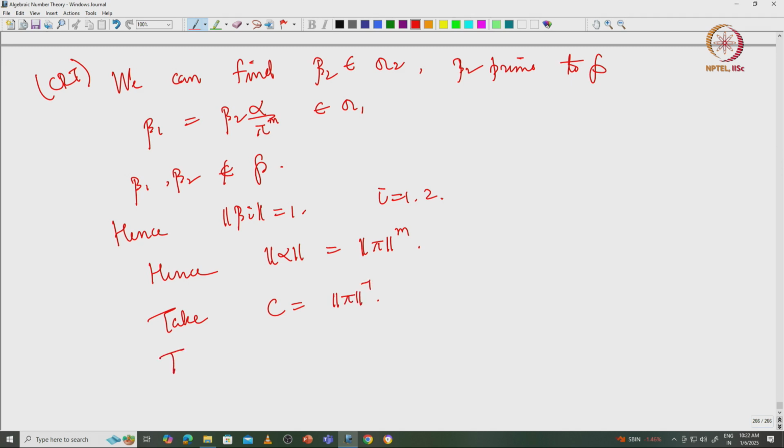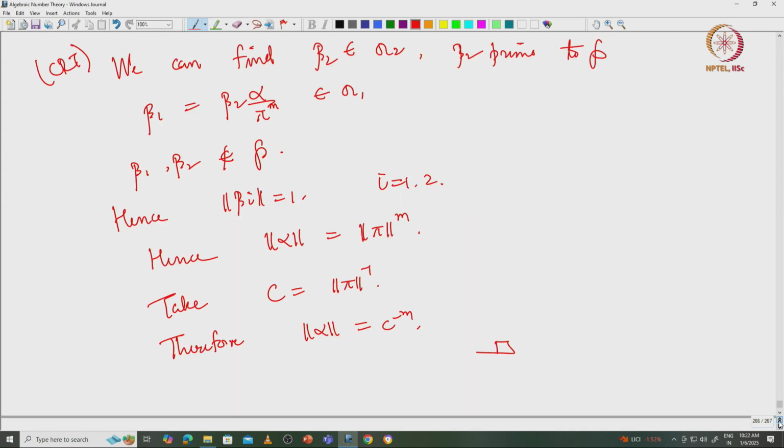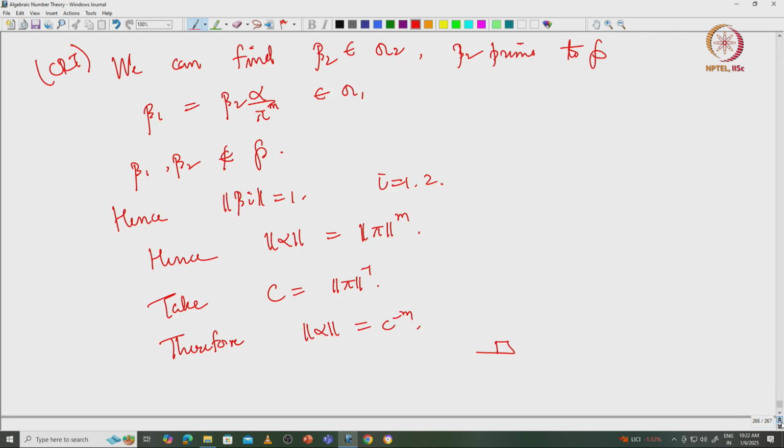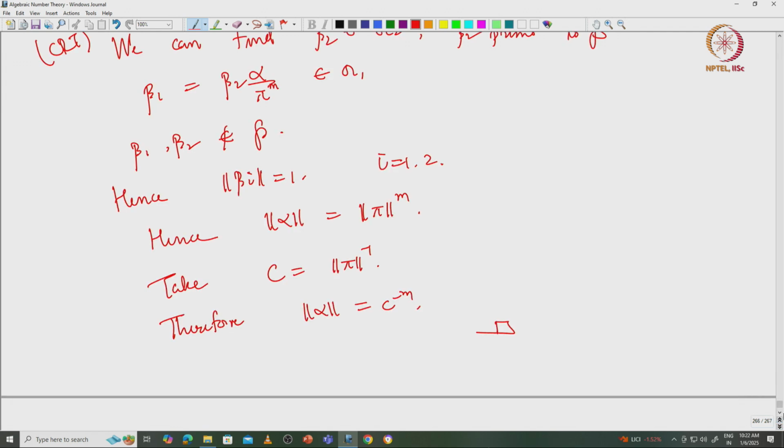Therefore, valuation of alpha is C to the minus m, and this was for any alpha, and pi was chosen independently of alpha. And so that is how you get what you want. So, any non-Archimedean valuation is given by a prime ideal.